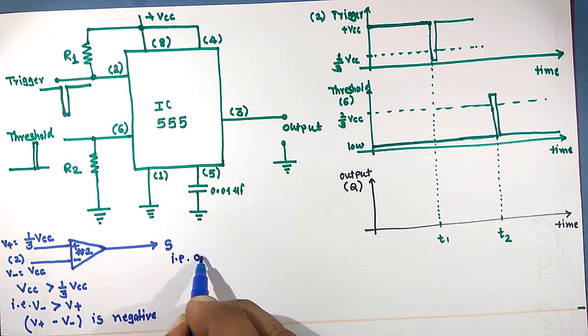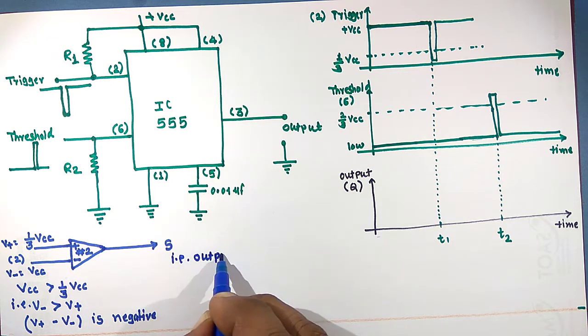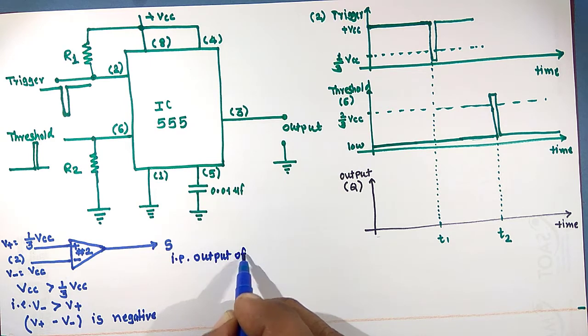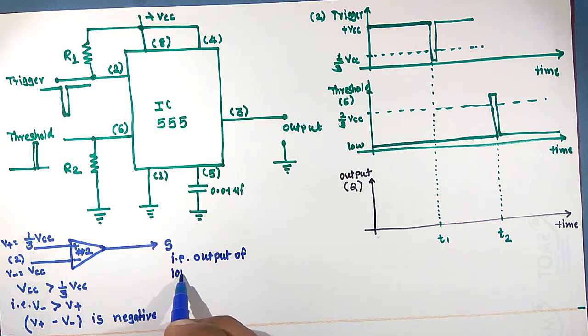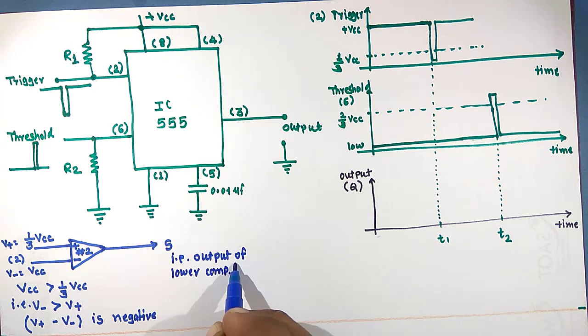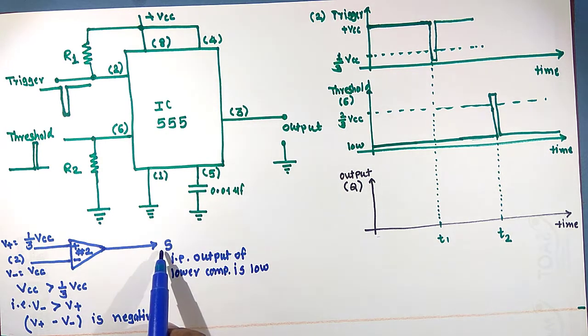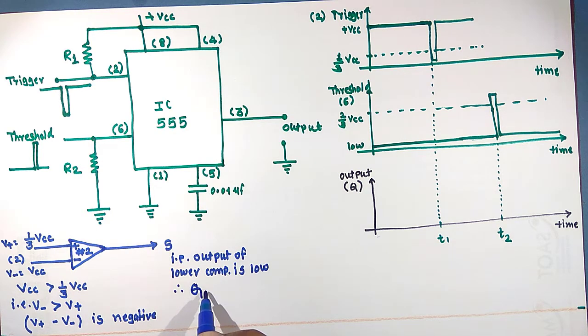That is, the output of the lower comparator is low. This means there is no chance of set of the flip-flop, and hence the output of the flip-flop, that is Q, is equal to 0.